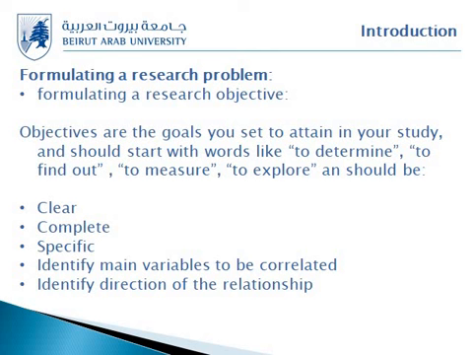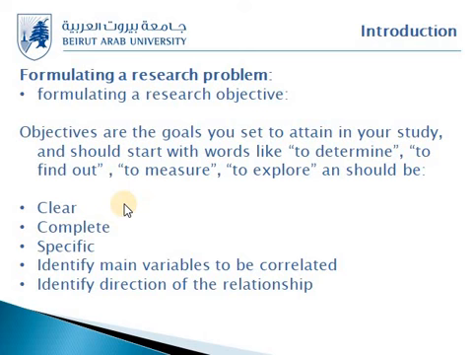So, in other words, the wording of your objective determines the type of research design you need to adopt to achieve these objectives. So, be very careful about the way you word and write down your objective.